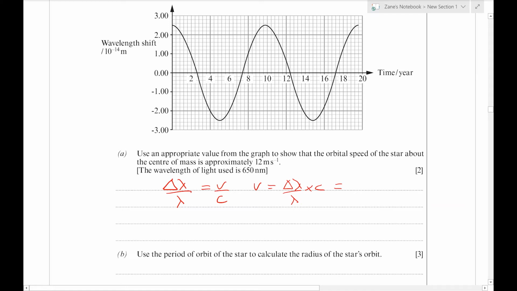Delta lambda, if we read off the graph, is 2.5 times 10 to the minus 14. The original wavelength was 650 nanometers, so we mustn't forget the 10 to the minus 9. Times 3 times 10 to the 8. We put those numbers into the calculator, we end up with 11.5, so near enough to the 12 meters per second that we're asked for.